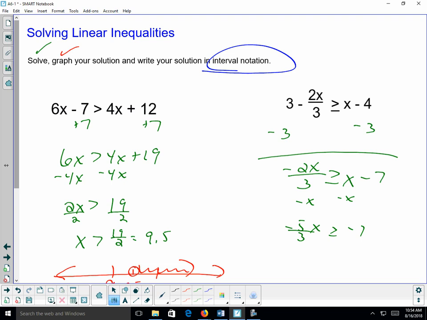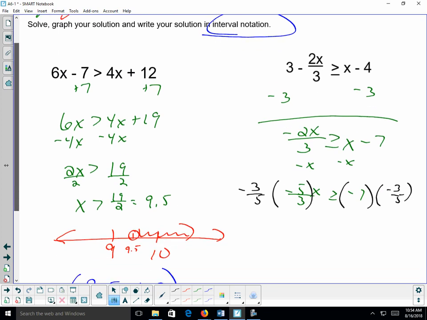Now I'm going to multiply by the reciprocal, so I'm multiplying by negative 3/5. When I multiply by a negative number, you should remember that your inequality sign switches, so this will just be x. Now this becomes less than or equal to, and then this will be a positive 21/5.